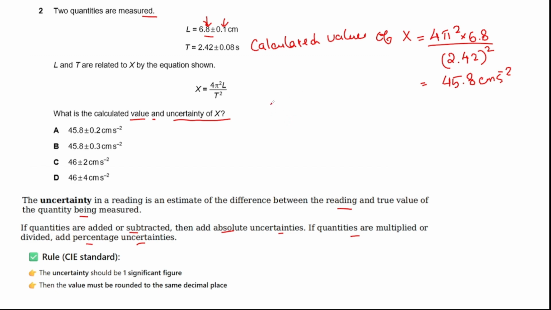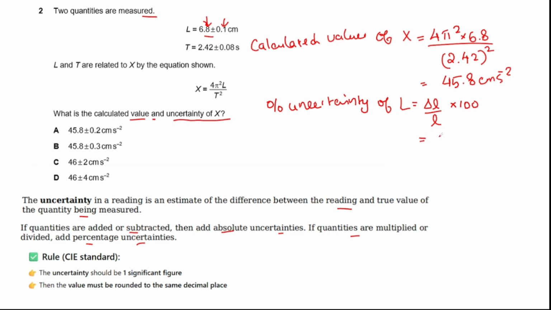The percentage uncertainty of L is delta L divided by the actual value multiplied by 100. If it is a percentage, it's multiplied by 100; otherwise you can get it by just dividing.